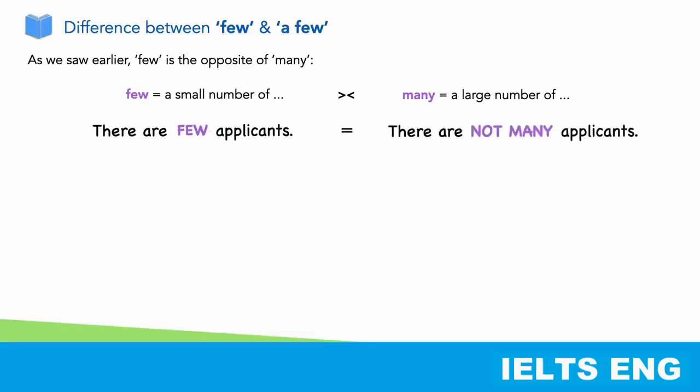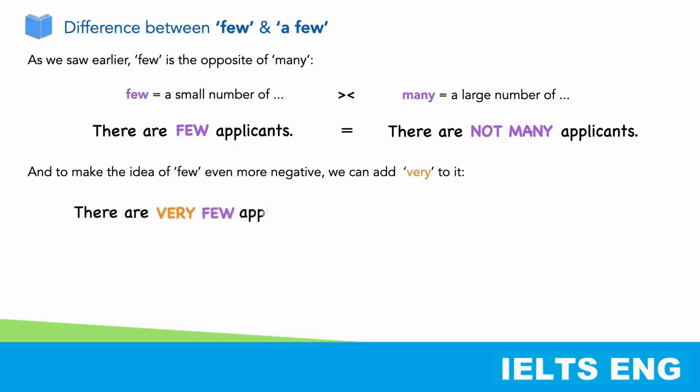Few means not many. And to make the idea of few even more negative, we can add very to it. So if I say there are very few applicants, I mean there are almost no applicants. So very few means almost none.